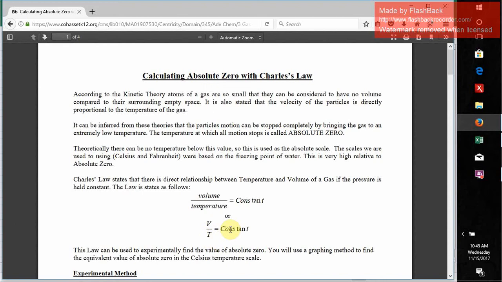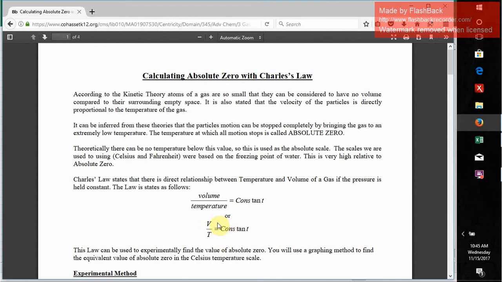So if you have a gas with V1 and T1, where those are specific values, and either one of those is changed, then the other measurable parameter is going to have to change in a way such that the volume to temperature ratio remains constant.